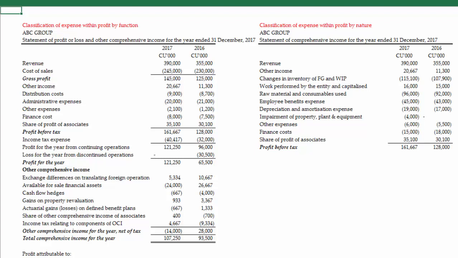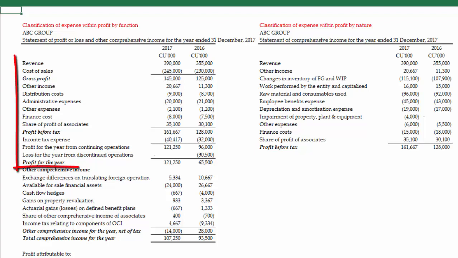We can present the statement of profit or loss separately, so it will end in this profit or loss for the period. And we are going to have a separate statement for the statement of other comprehensive income. So we'll have two statements. You can either present it as a single statement or two separate statements. Either way is acceptable.